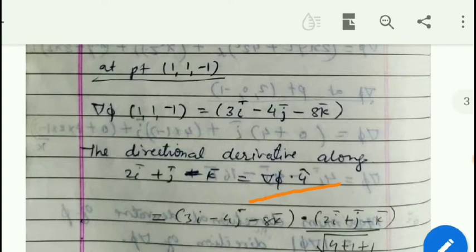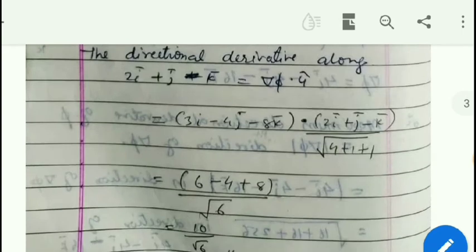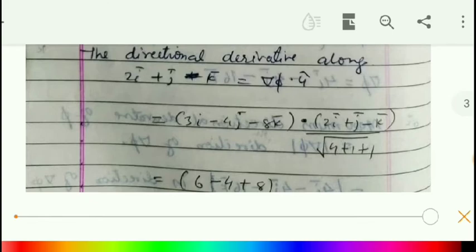So the first part is to find the directional derivative of phi along the given vector 2i plus j minus k. The formula is directional derivative equals del phi dot u cap. The value of del phi is 3i minus 4j minus 8k, and simultaneously you have to find the unit vector u cap. U cap means u bar upon its magnitude. So u bar is 2i plus j minus k, and its magnitude is under root coefficient of i square plus coefficient of j square plus coefficient of k square.